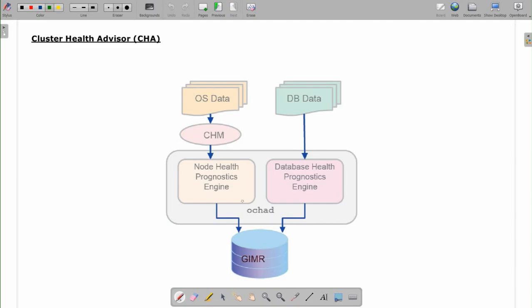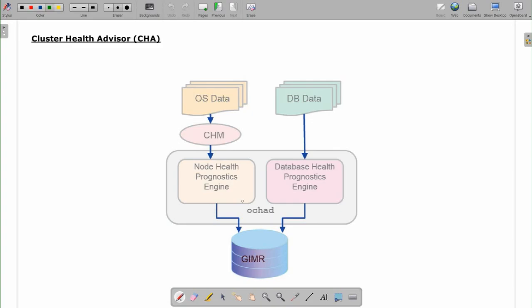Okay, if statistics collected from the database or at the OS level fall into predefined database problems or OS level problems, then cluster health advisor can make a recommendation. So what are the findings, and what should we do to resolve this problem? So it's kind of a machine learning stuff.